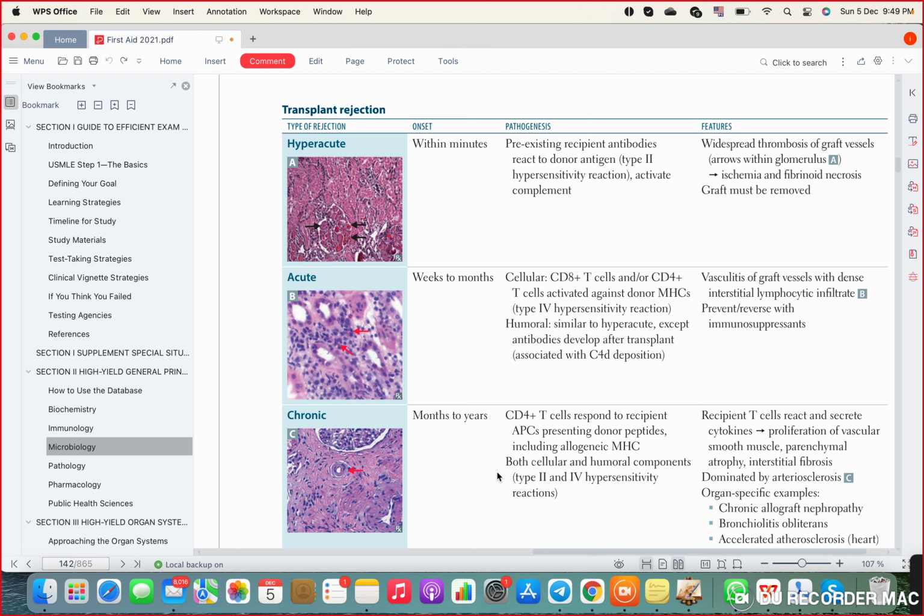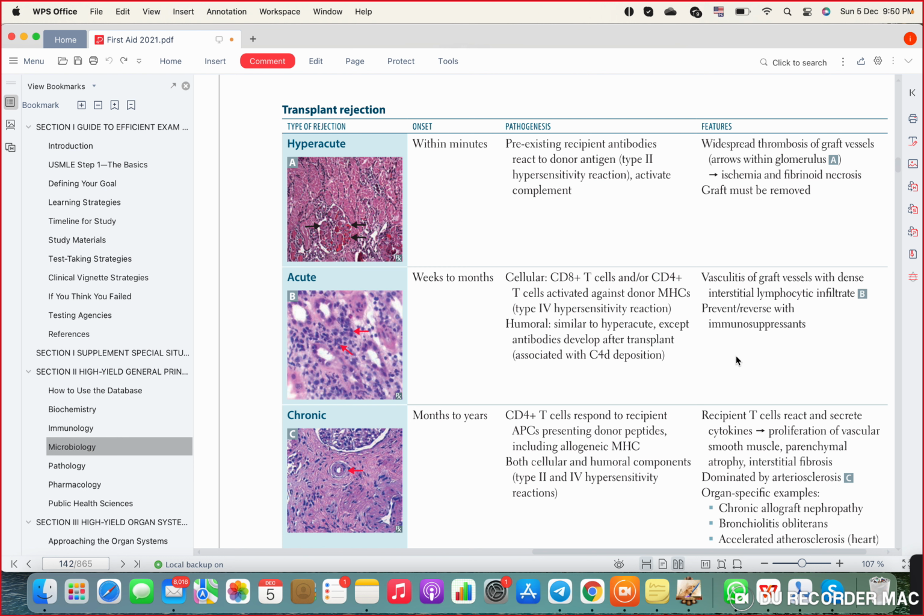Otherwise, we don't do it. We give immunosuppressants, high-dose steroids, which make the immune system dysfunctional, which is what we want. Good.